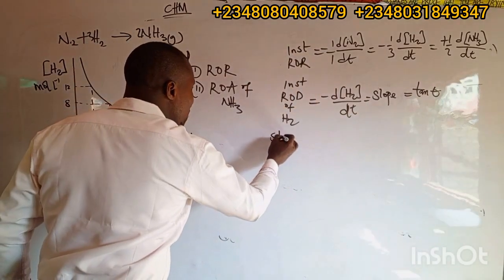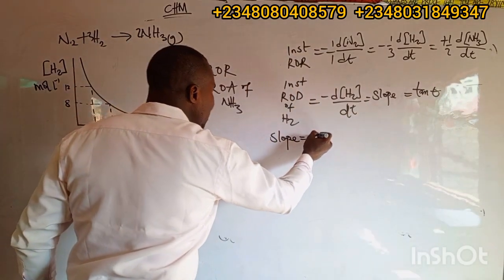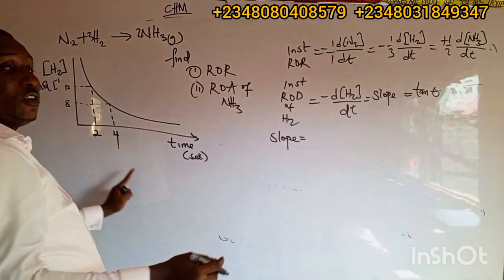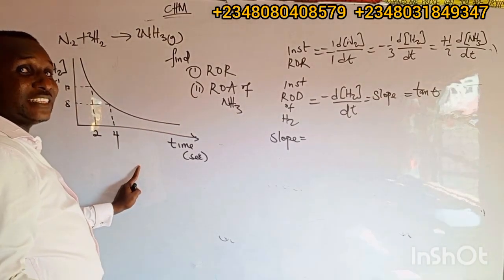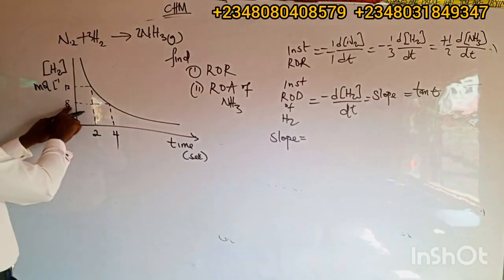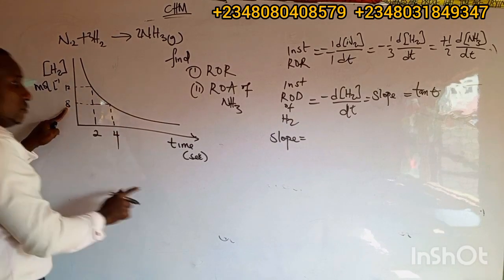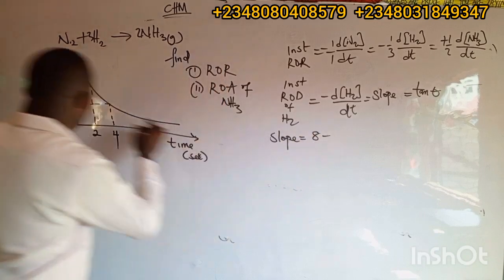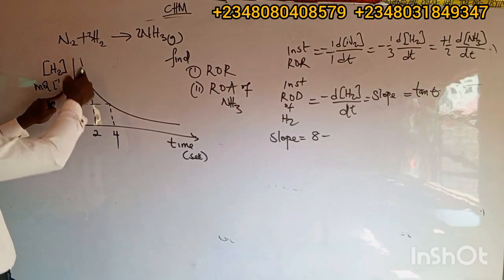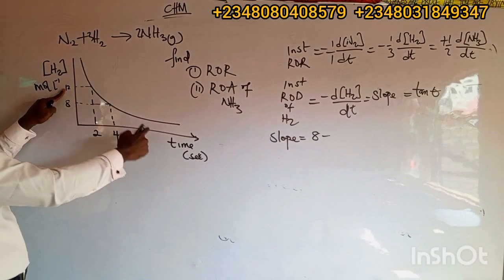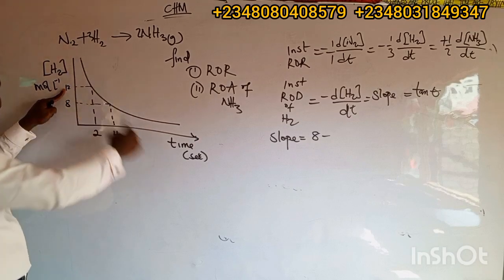And what is slope? We have slope equal to change in y-axis over change in x-axis. What is the final concentration? 8. Final concentration is 8. 8 minus initial concentration, because it's dropping. It's a dropping graph, decreasing graph, negative graph.